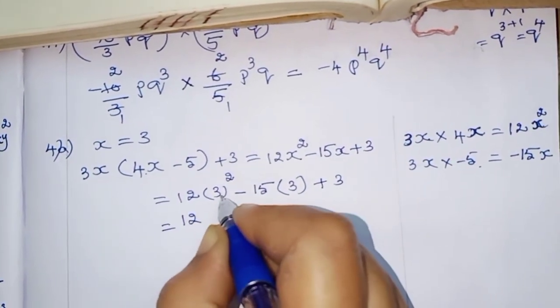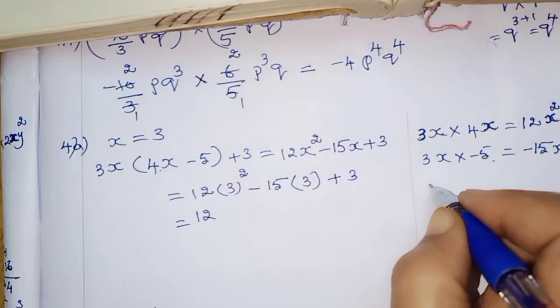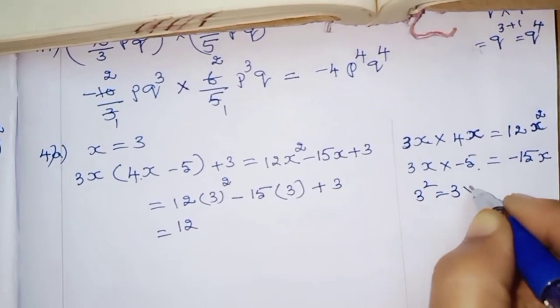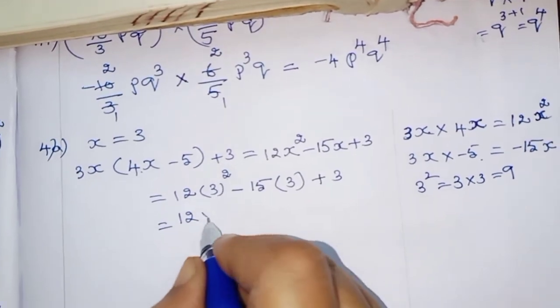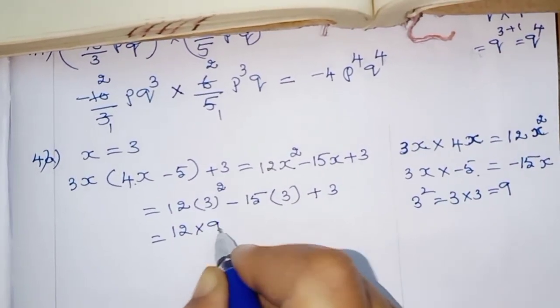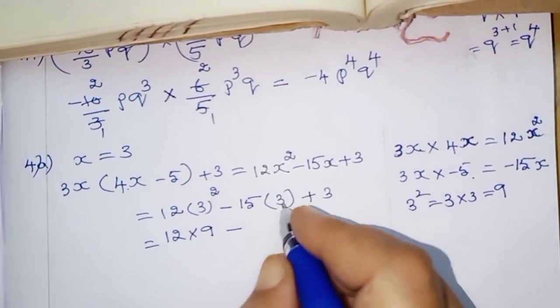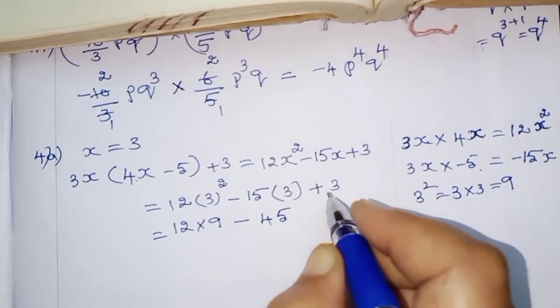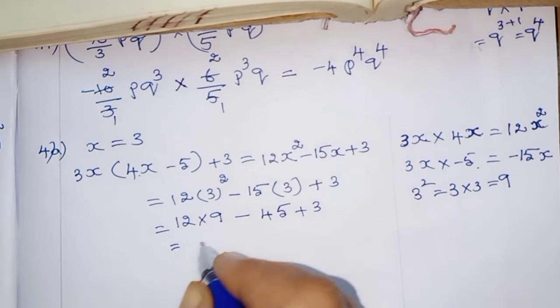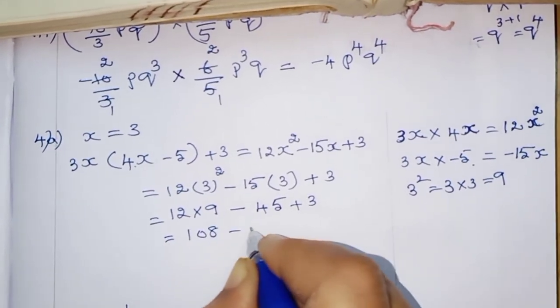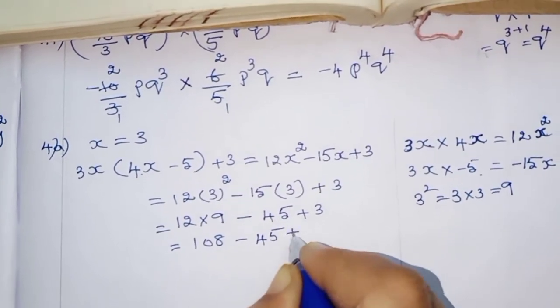What is 3 square? 3 square means 3 into 3, that is equal to 9. So 12 into 9 minus, what is 15 threes? 15 threes are 45, plus 3. 12 nines are 108 minus 45 plus 3.